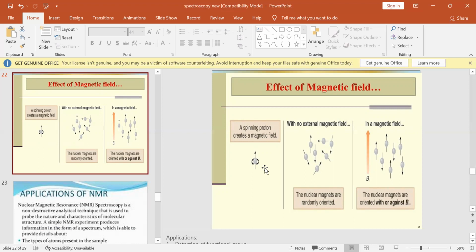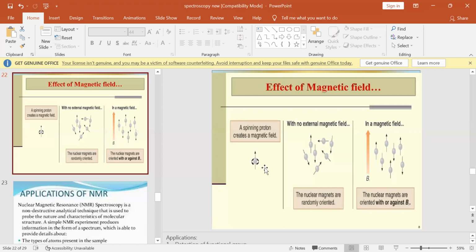Suppose the atomic number and mass number are both odd, then the I value will be in the form of a ratio, such as half, 3/2, like that. In that situation, the I value is not equal to 0, so it is NMR active, for example 19F9.